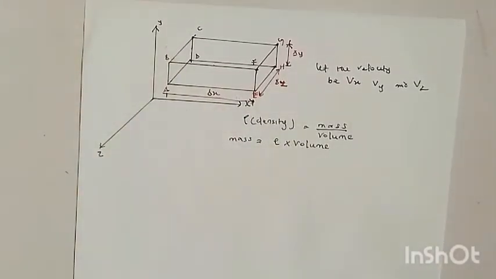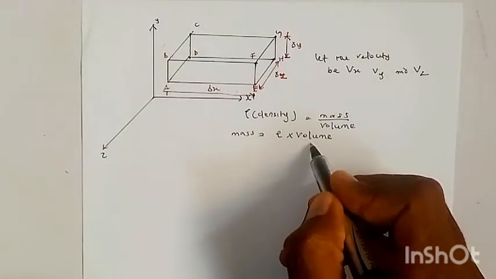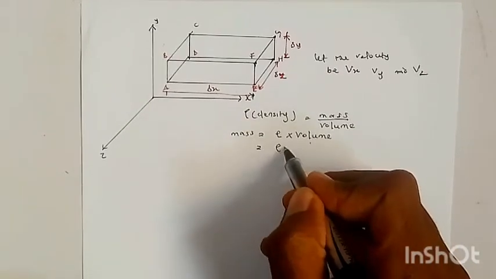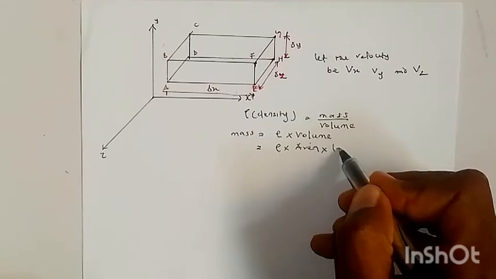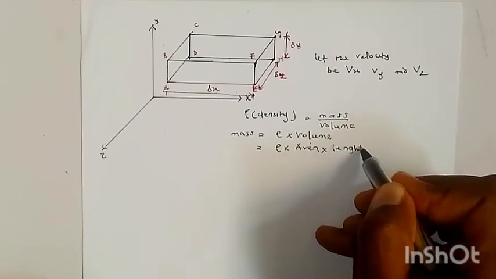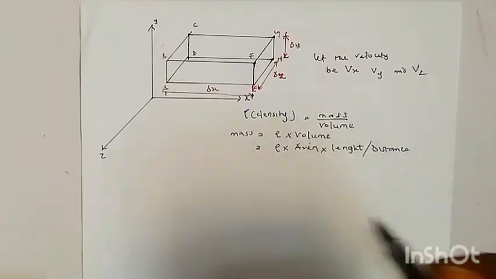Remember, we are asked to prove the continuity equation. So my mass is equal to density times volume. So now let me split my volume. I have density times area times length, or distance, because they both have the same unit.